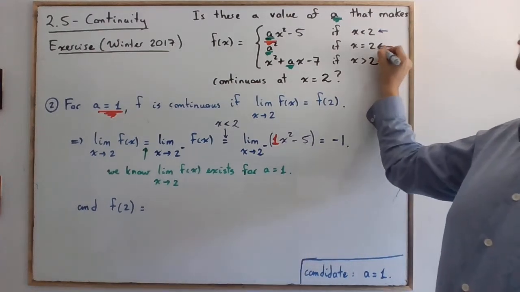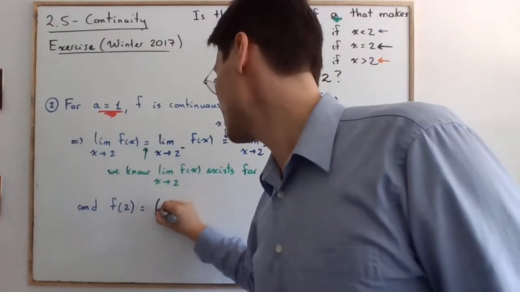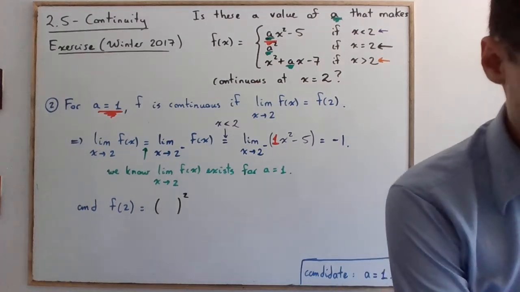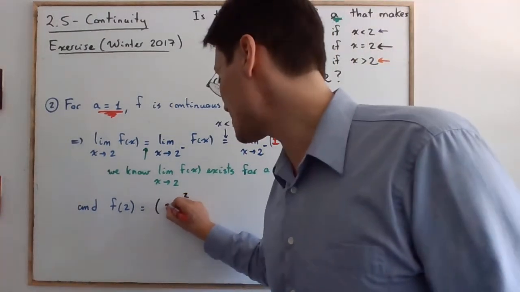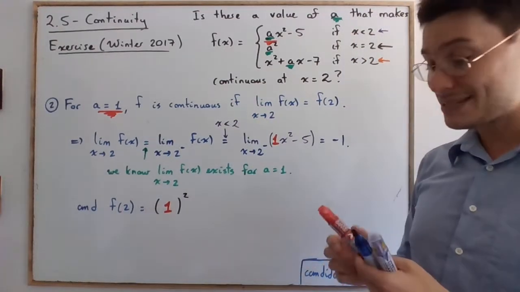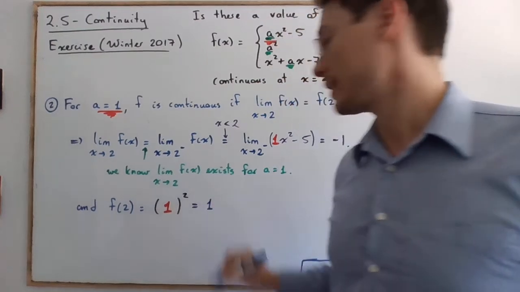So pretty much you use this piece. And then be careful because the value you need to replace is the value of a, right? And we found out that a is equal to 1. So f of 2 is equal to 1.